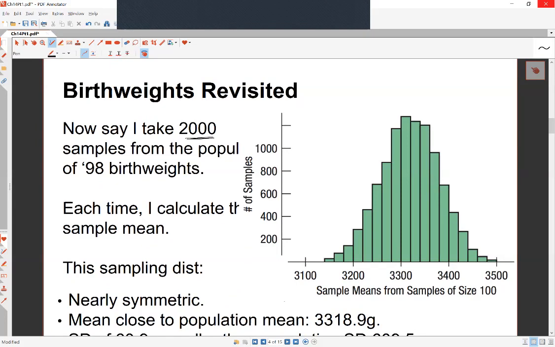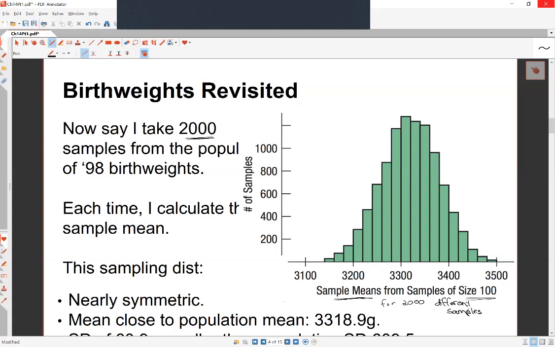I take a sample of 100 birth weights from this year, and each time I calculate the sample mean, and I do that 2,000 times. What I have on this histogram now is the sample means of samples of size 100 for 2,000 different samples.